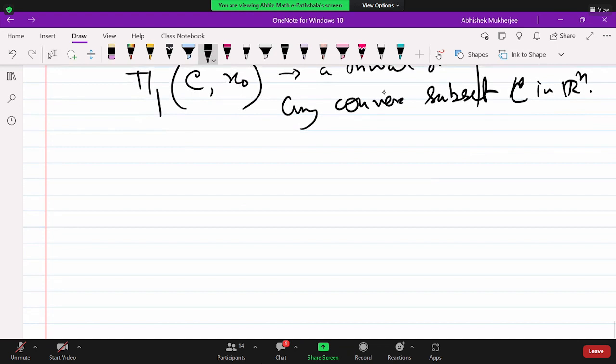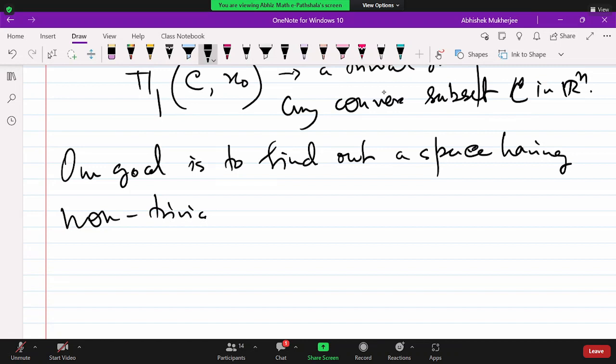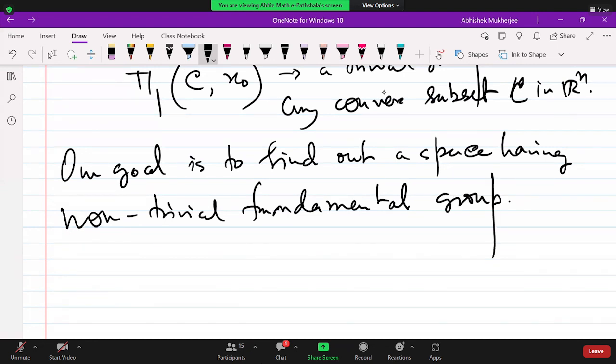So our goal is to find out the space having non-trivial fundamental group. Okay.